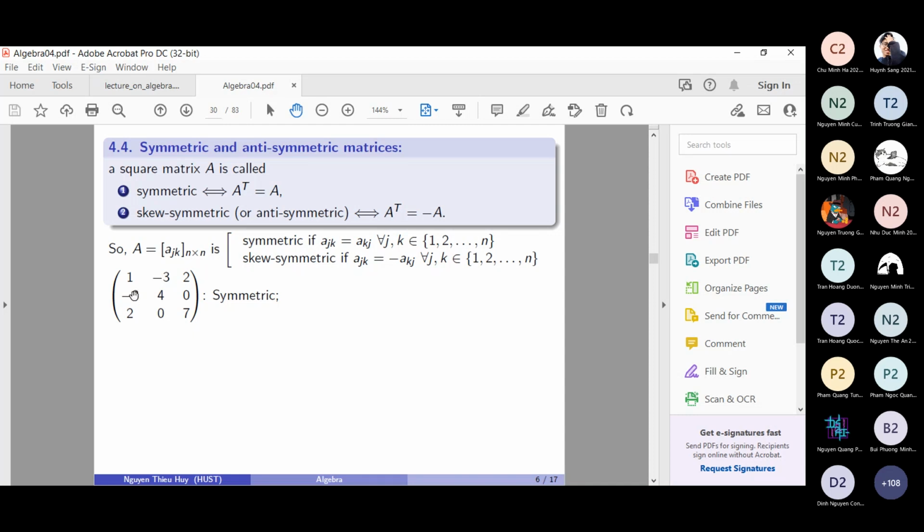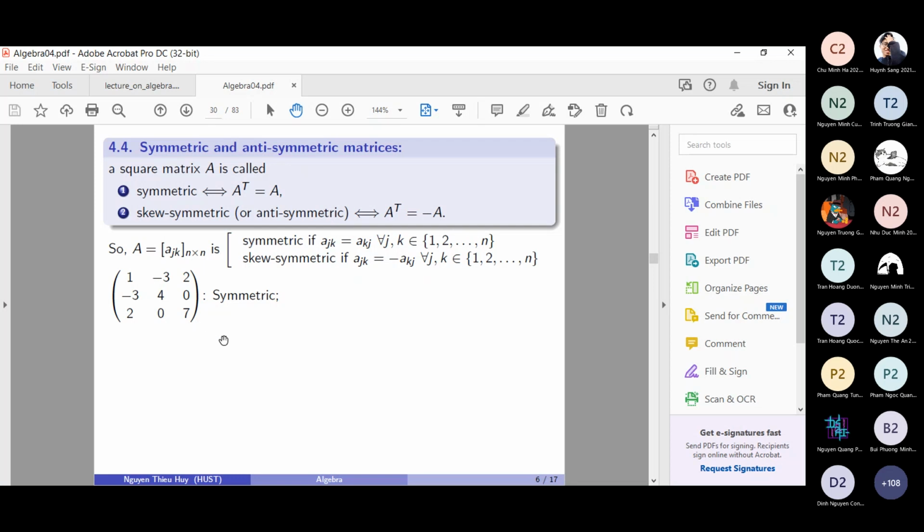Here these two entries are symmetric across this main diagonal, of course the same. And here 2 and 2 are of course symmetric across this main diagonal, so they are the same. 0 and 0 here are symmetric across this main diagonal, right?